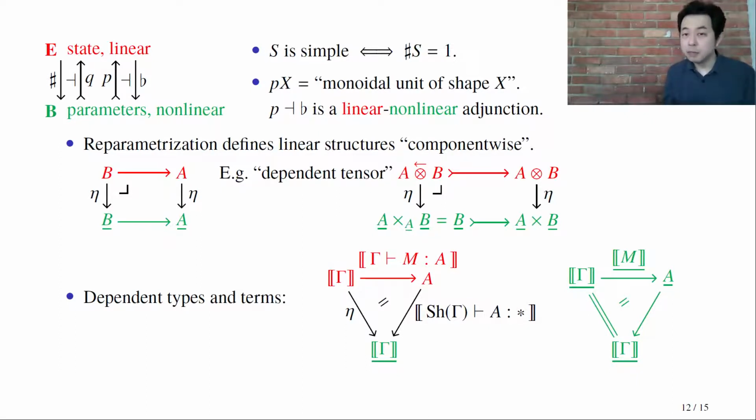This means that even though dependent types depend on shapes, our semantics still covers the two cases of contexts involving and not involving resources in a uniform fashion, and accordingly, even in linear pi types, the antecedent can involve resources. To sum up, by taking the fibration sharp, our semantics takes a fibration of the linear type theory of state and resources in the category E over the dependent type theory of parameters in B.